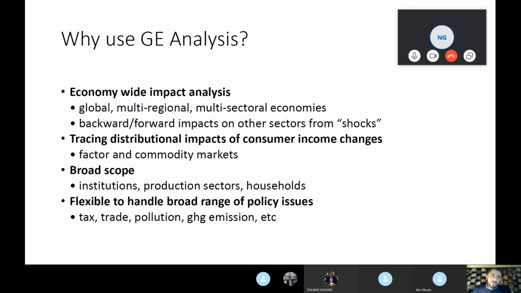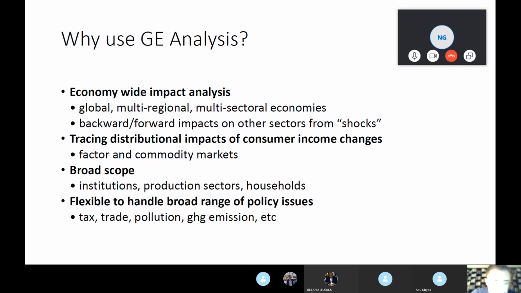So, for instance, if we have a certain shock that can have a more significant effect on wages than on capital remuneration, this means that those who own capital will be less affected than wage earners, for instance. So we can examine the distributional effects of any shock.